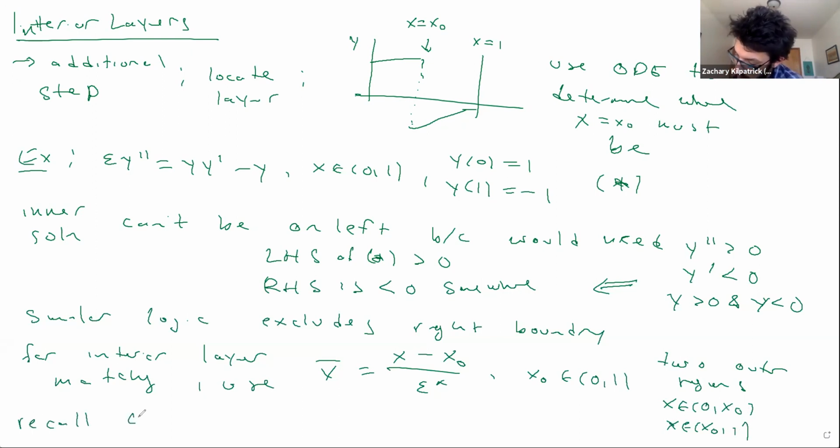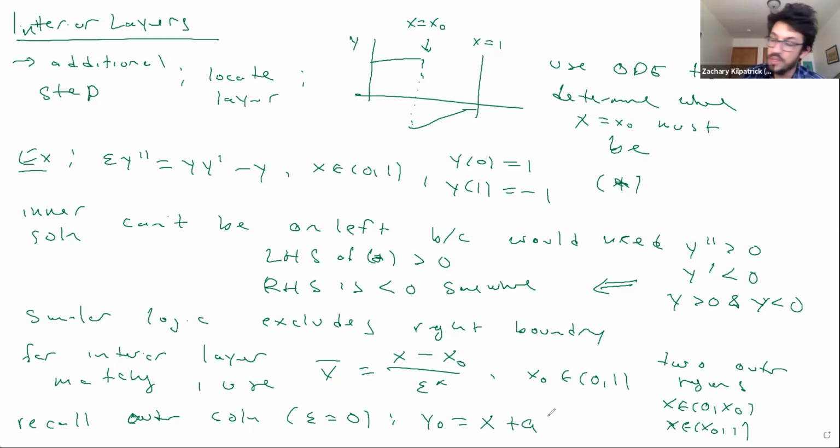And we'll recall that our outer solution, basically for where epsilon equals 0, that's relevant here, is going to be y0 is equal to x plus a. Now, you don't have to keep this constant the same, and you won't keep it the same in these two different outer regions, okay? And so that's going to allow you to break up your outer solution and satisfy both boundary conditions, okay?